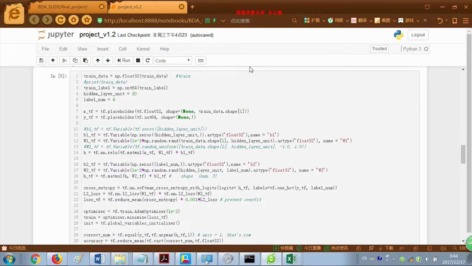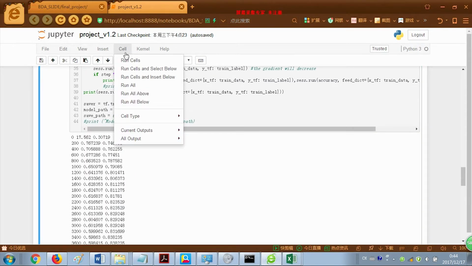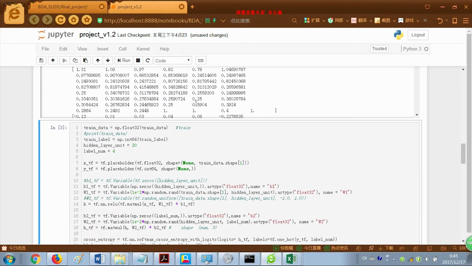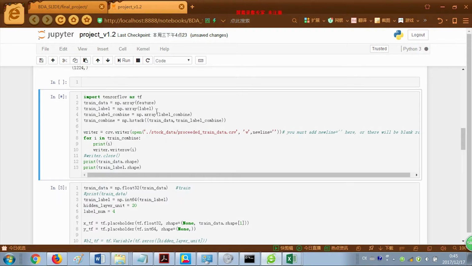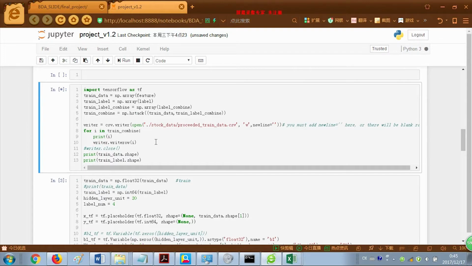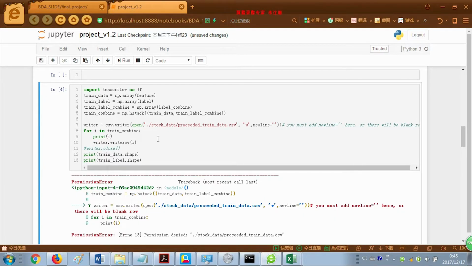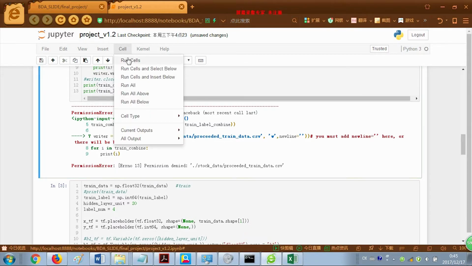Okay, after that, we put all the processed data into our model. It will take some time. We need to run this first. Okay, we need to close this first.